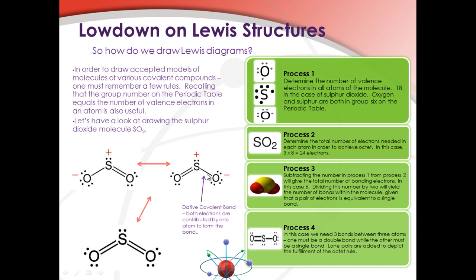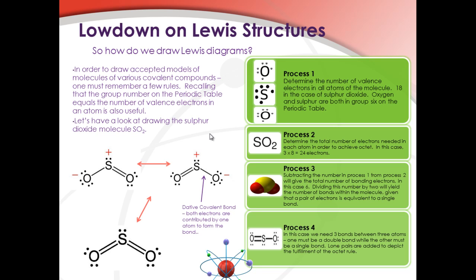Now, in cases where an atom within the molecule contributes both electrons to the single bond, so that you're not getting a sharing of 1 electron from each atom, that's okay. You can have 1 atom in the molecule contributing both electrons to a single bond. If this happens, it's called a dative covalent bond. Some textbooks refer to it also as a coordinate covalent bond, where both electrons are contributed by one atom to form the bond.